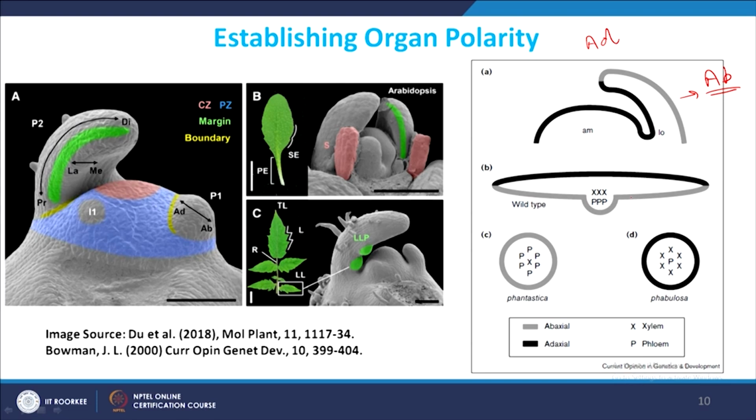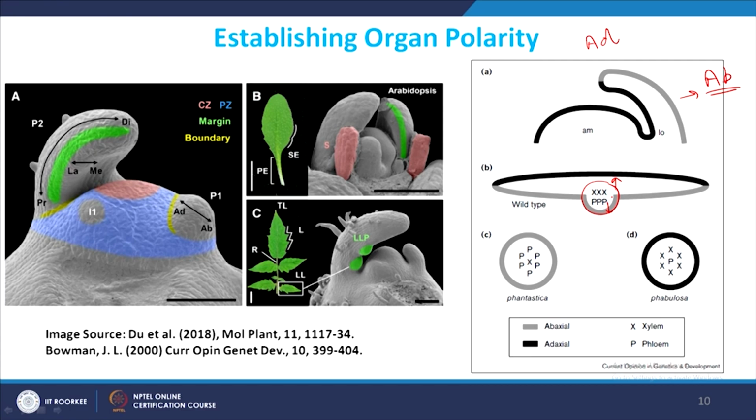And in the leaf, if you look at the growing primordia, this is your adaxial side, this is your abaxial side, and if you look at the positioning of the vascular tissue, xylem is positioned towards the adaxial side and phloem is positioned towards the abaxial side. There are a lot of genes responsible for maintaining this adaxial versus abaxial polarity.